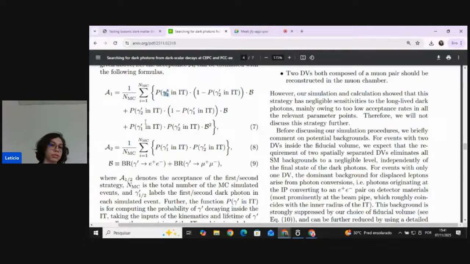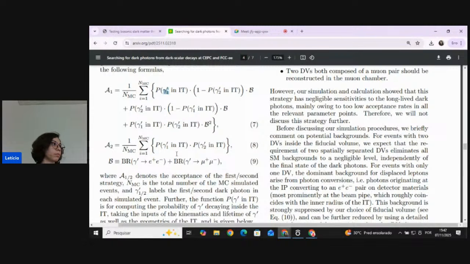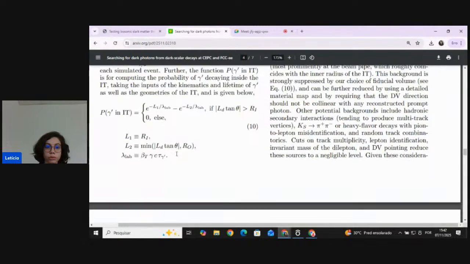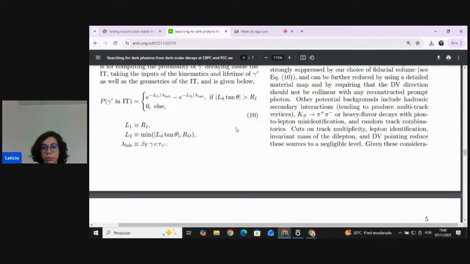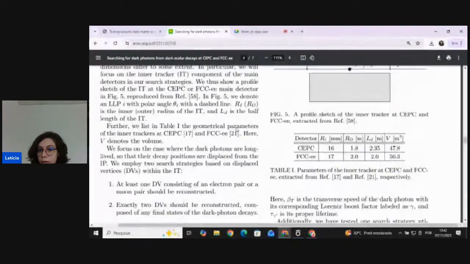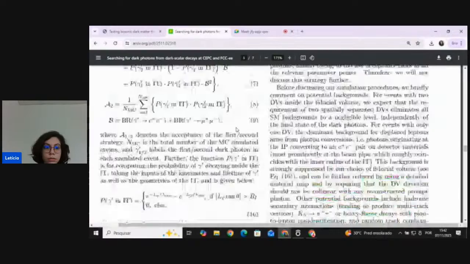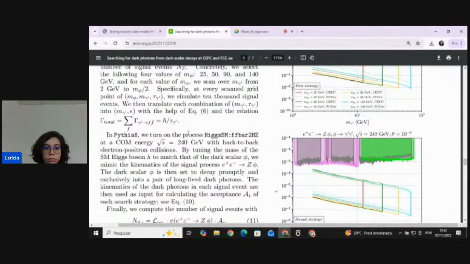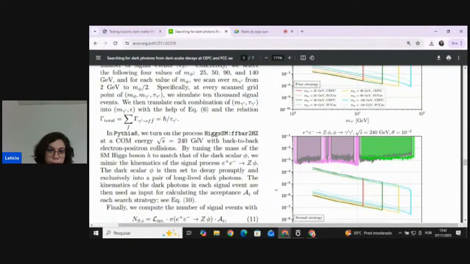But this is just relating the acceptances and the probabilities of both displaced vertex or one displaced vertex. So let me put, this would be the probability. I think it's here. Yeah, here.